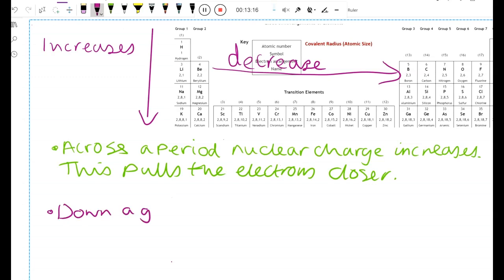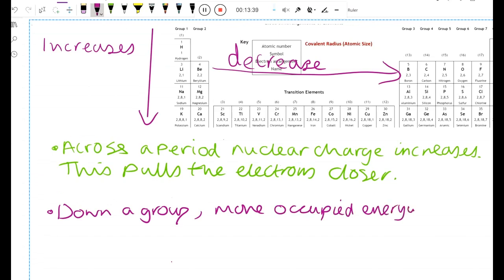Down a group, you have more occupied energy levels, so a greater shielding effect.